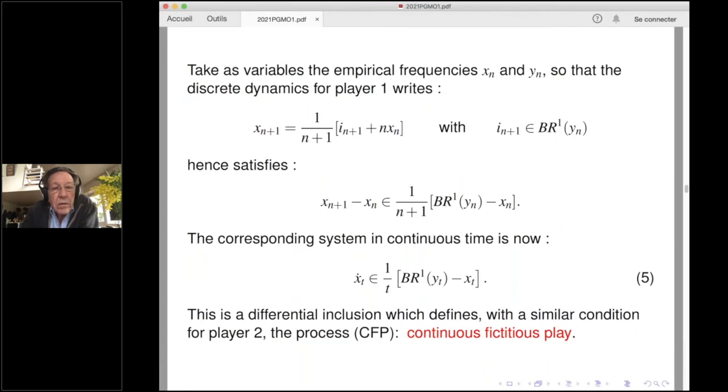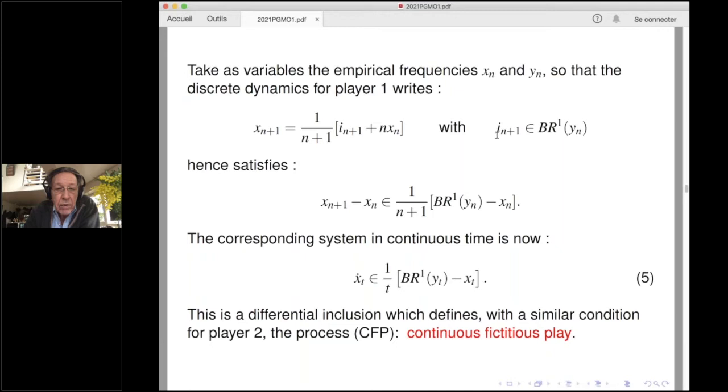Okay, so I take as variables the empirical frequencies xn and yn. So the discrete dynamic is like this. xn plus 1 is the move at stage n plus 1 plus the average move up to stage n. And the move at stage n plus 1 is the best reply to the average distribution of moves of your opponent. So you have this equation. xn plus 1 minus xn belongs to 1 over n plus 1 times br1 of yn minus xn.